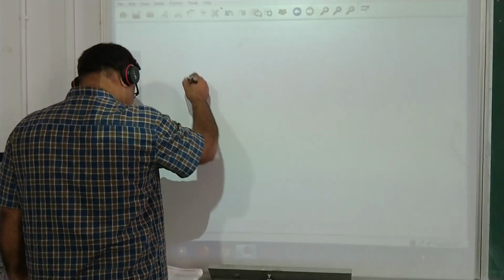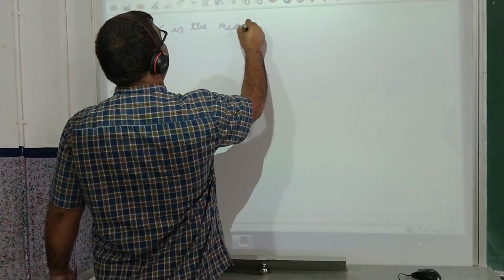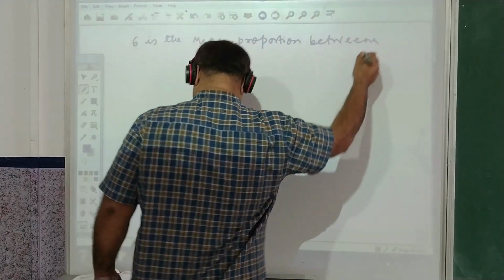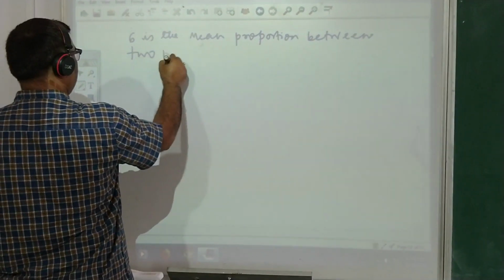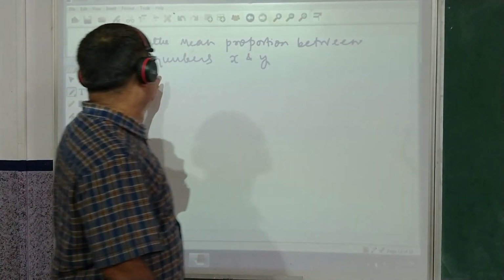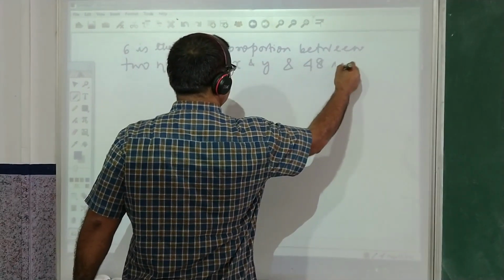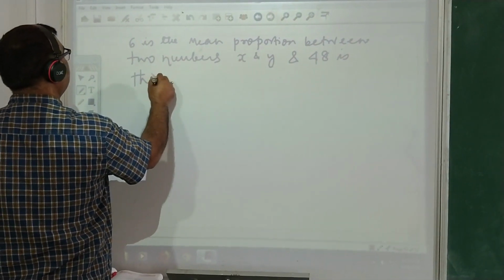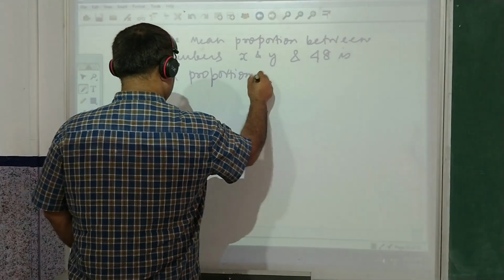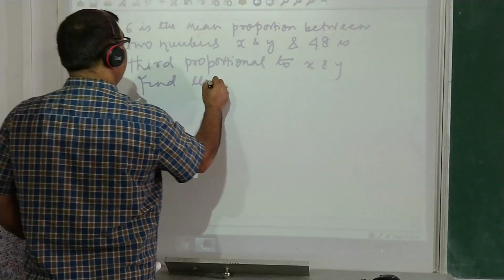The question is, 6 is the mean proportion between two numbers x and y, and 48 is the third proportional to x and y. Find the numbers.